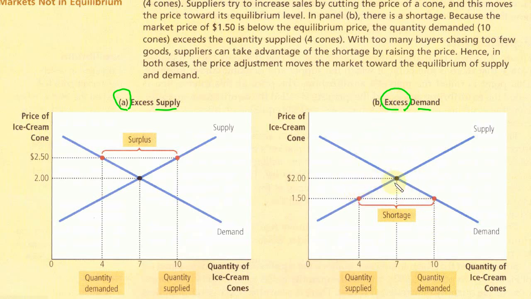Okay, this is equilibrium, and this is the price and demand. So at least 7 quantity should be supplied in the market. But as you can see, the demand is 10 here.